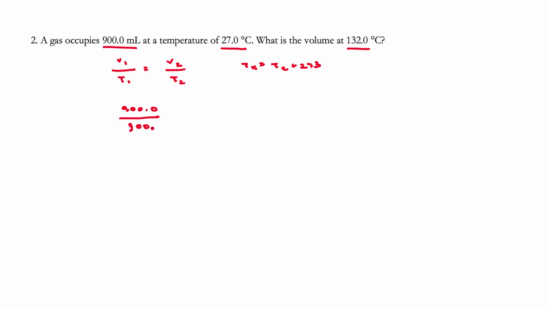So it should be 300 point, because I just don't want any decimal places, but I want all 3 of those digits to be significant. I'm solving for my V2. Sorry, I kind of skipped. This is my V1, T1, and this is my T2. So I'm solving for V2 here. I have 132. I need to add 273 to that, so I get 405 for my new temperature.